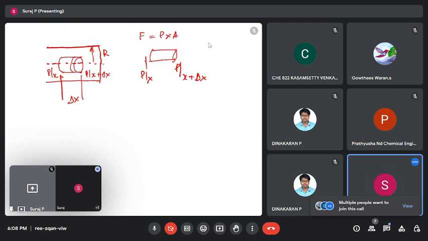To find the force on these two areas, we multiply by the cross sectional area of these two ends. So this will be the sum of forces acting on the control volume.